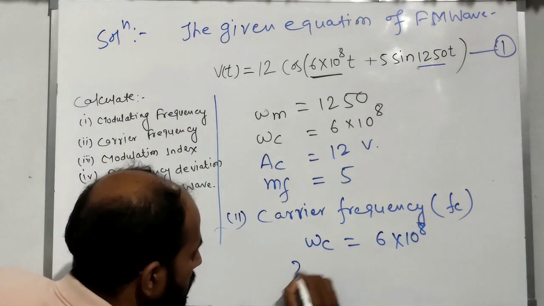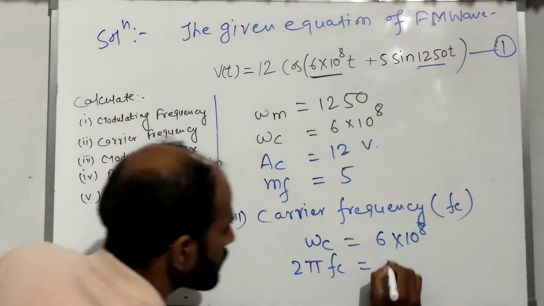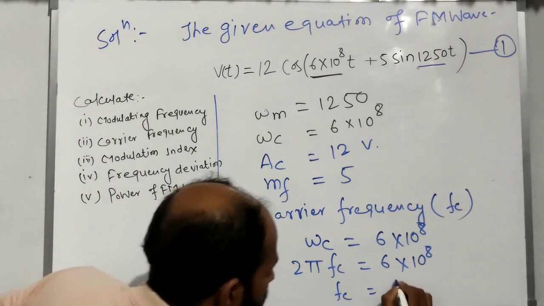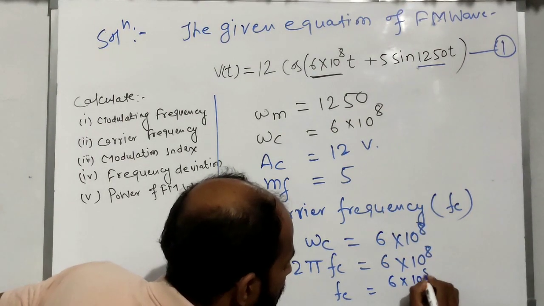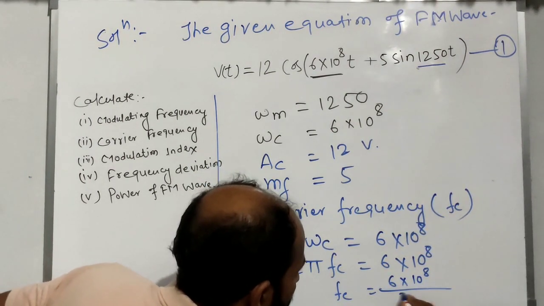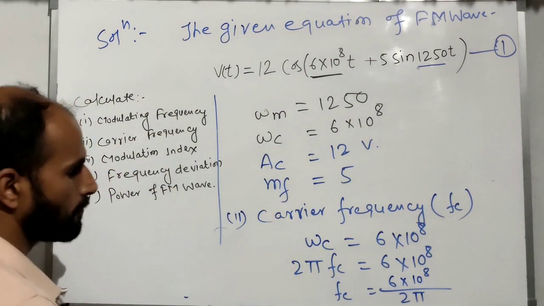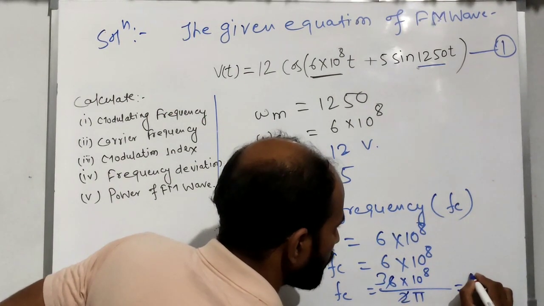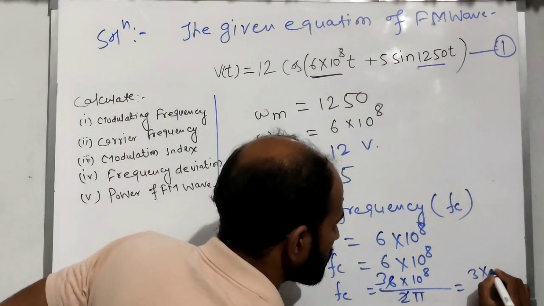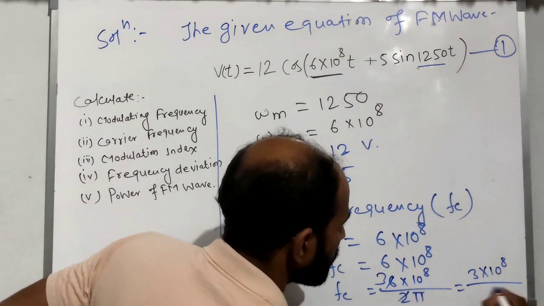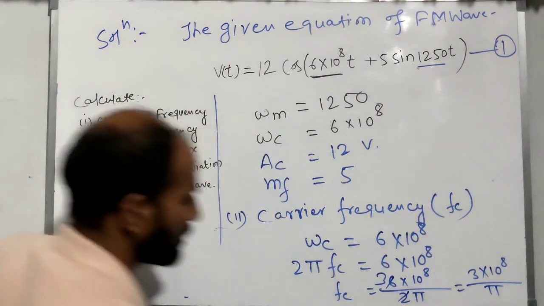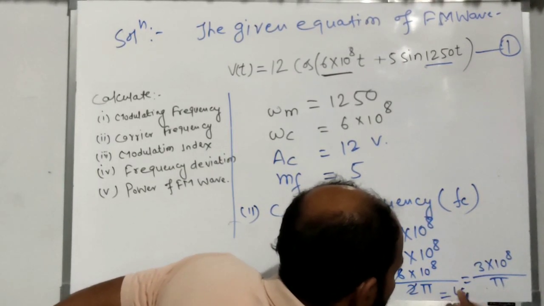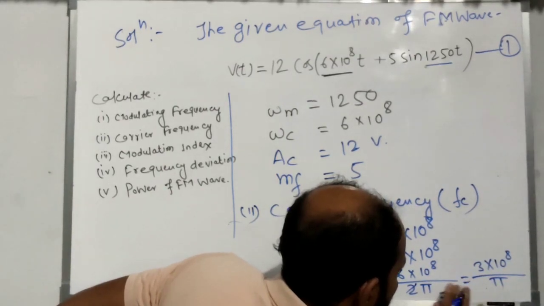Omega c is equal to 2 pi fc is equal to 6 into 10 to the power 8. Now we can write fc is equal to 6 into 10 to the power 8 upon 2 pi. Two threes are six, so it means 3 into 10 to the power 8 upon pi.